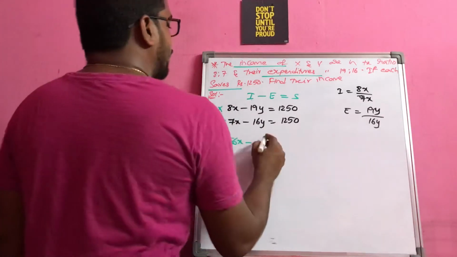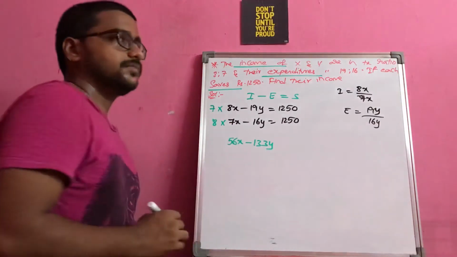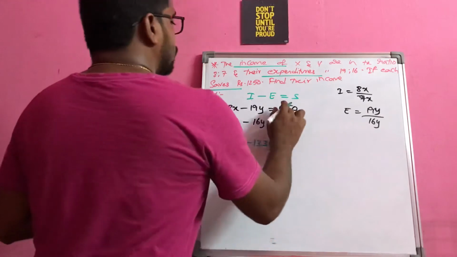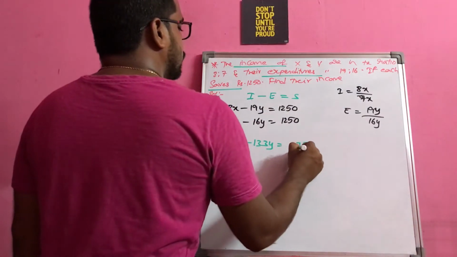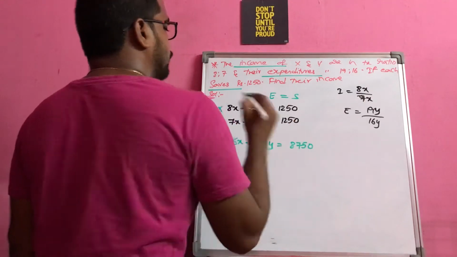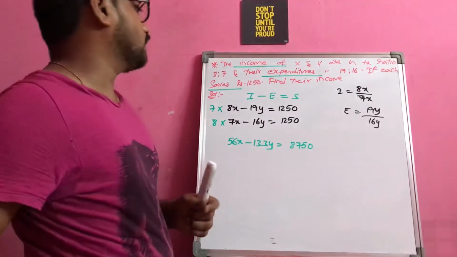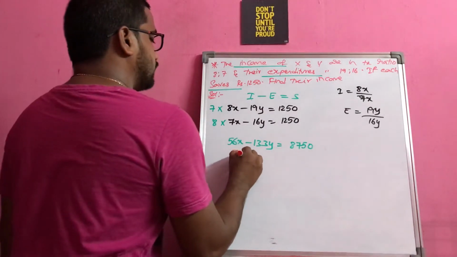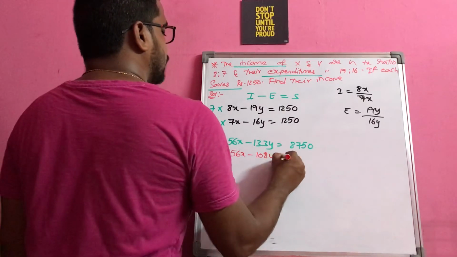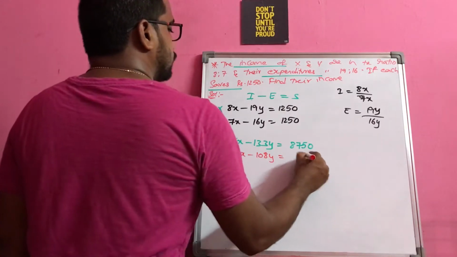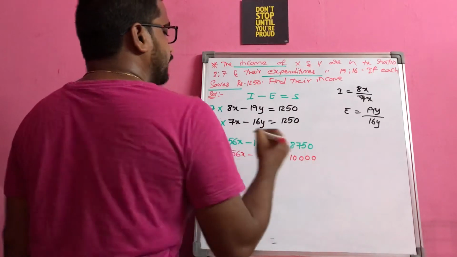So 56x minus 7 into 19, which is 133y, is equal to 7 into 1250, which is 8750. Now in the second equation, if I multiply with 8, I will get 56x minus 128y is equal to 8 into 1250, which is 10,000.